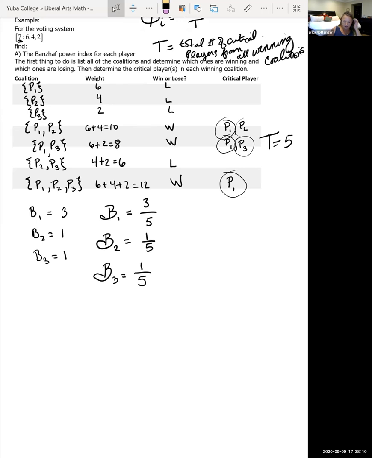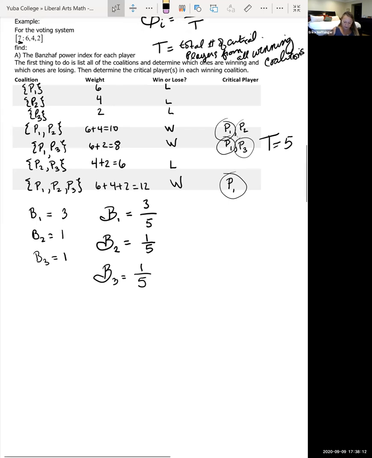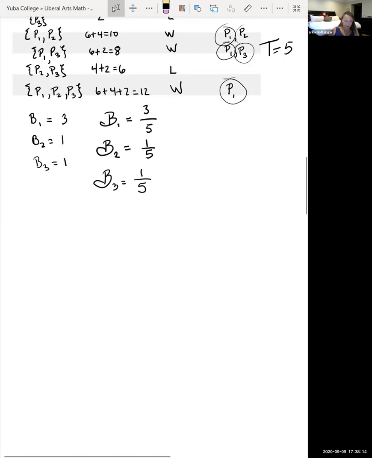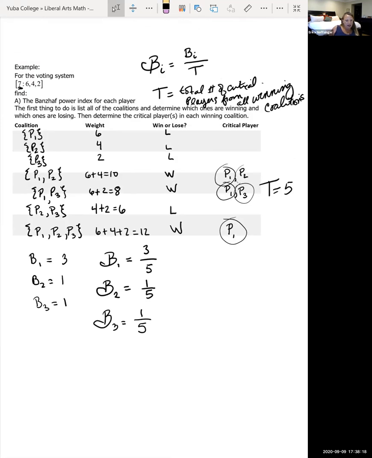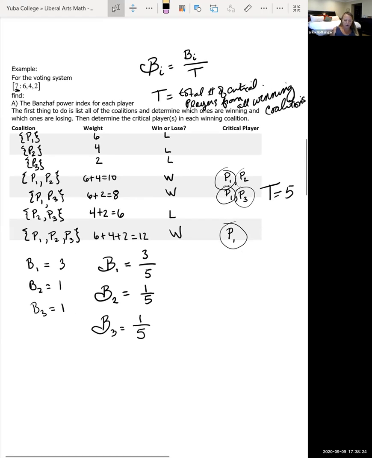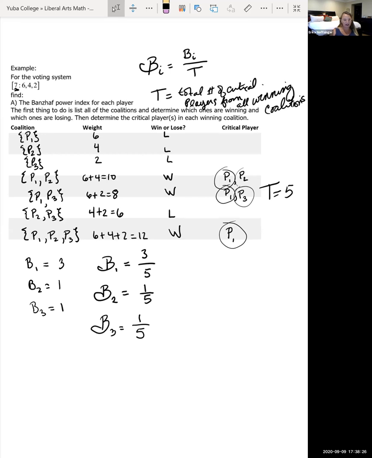Okay, so let me scroll up. The B1 or Bi, that stands for the number of times they were a critical player in all the winning coalitions. So the B sub 1, and then there's the beta where it's more of a curly.